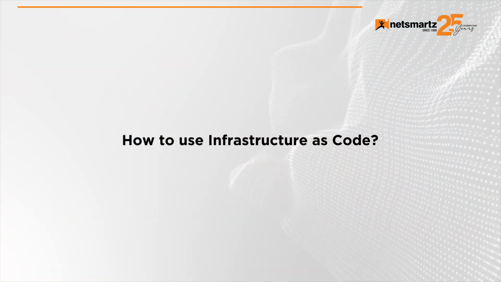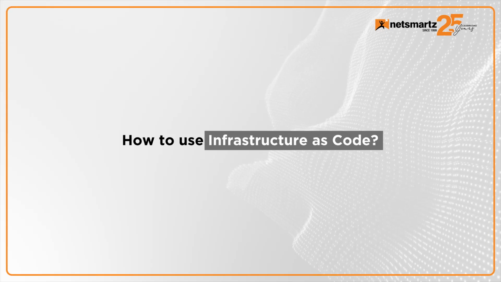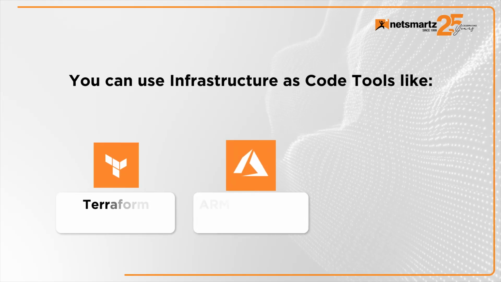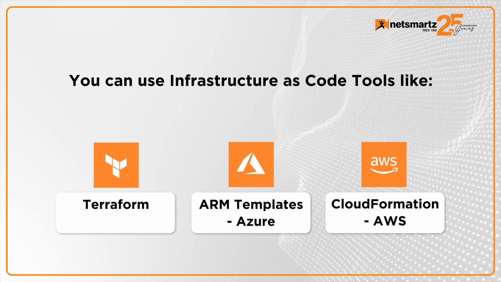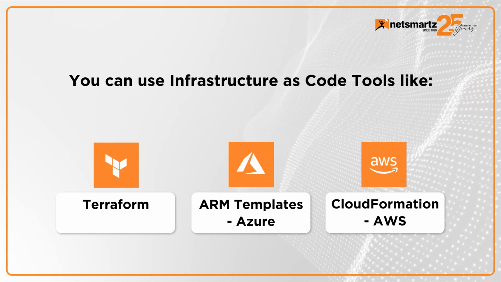The second point is around having infrastructure as code. You should always use infrastructure as code tooling such as Terraform, ARM templates from Azure, or CloudFormation from AWS. I'm just quoting these tools as an example.